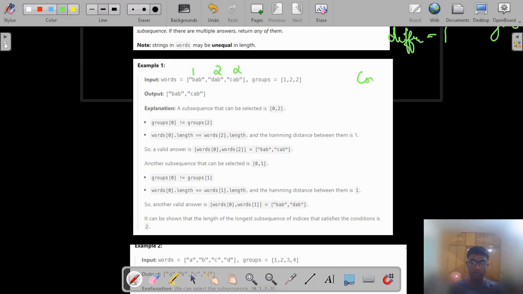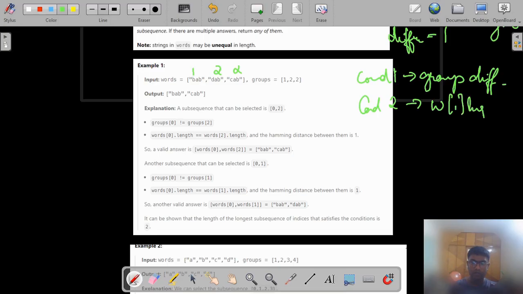Condition 1, groups should be different, and condition 2, word i length should be equal, and also in the same condition 2 we need to check the Hamming distance.